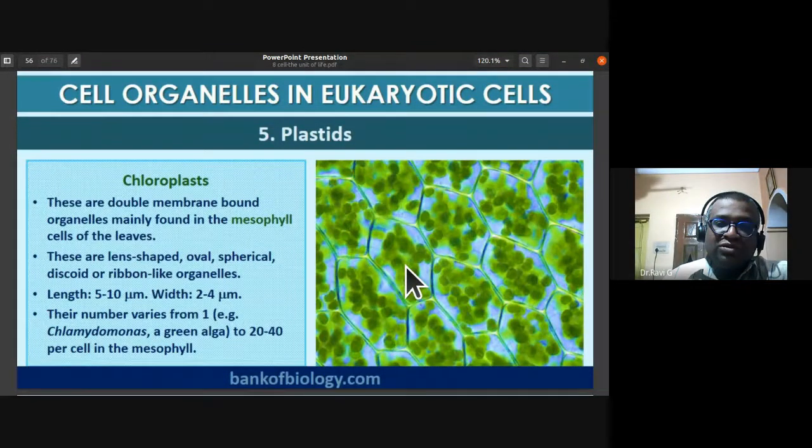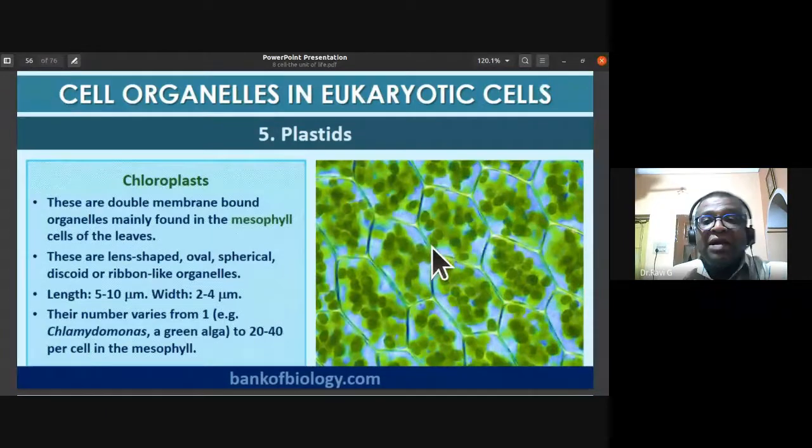We have already studied the anatomy of the leaf. In the case of a dicot leaf, you find two types of mesophyll, palisade and spongy mesophyll cells. In the case of the monocot leaf, you find only one type of cell, the spongy mesophyll.